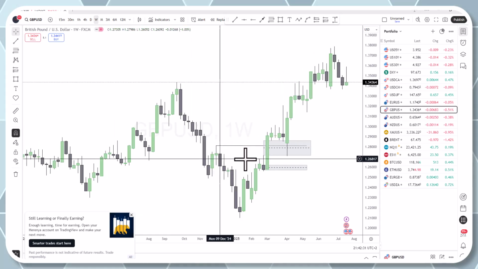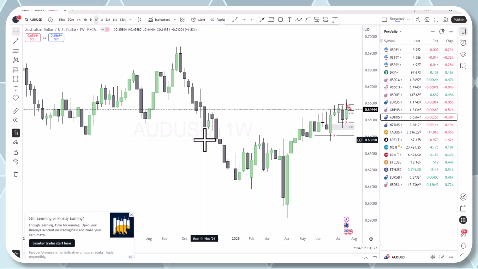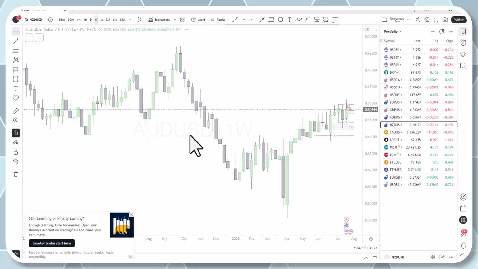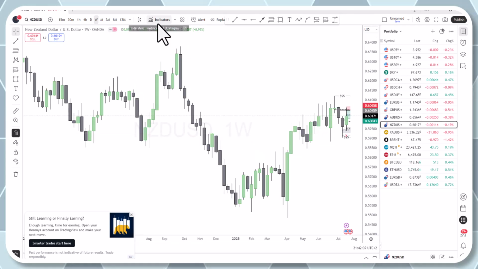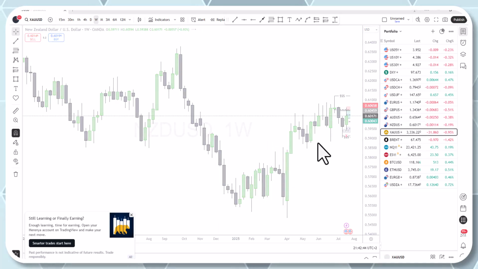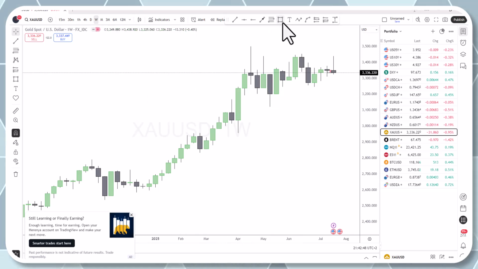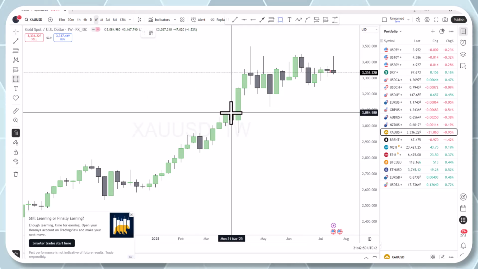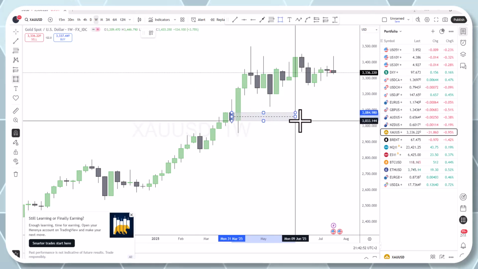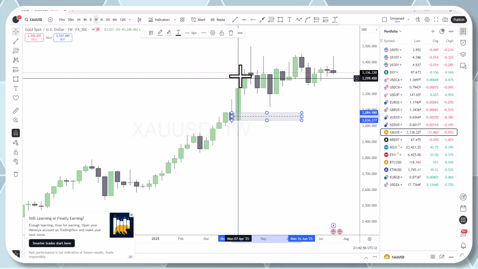Let me see if I can get you the last example for a valid bullish order block. Okay, let's go to the precious metal. This is our last down close candle before the expansion to the upside.